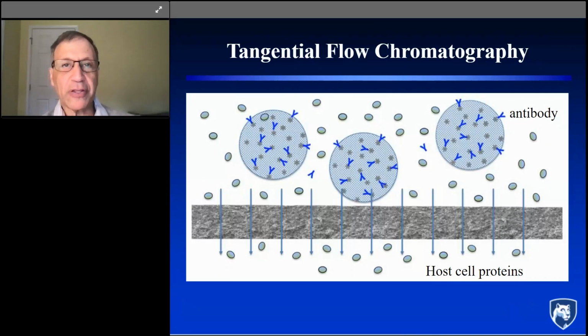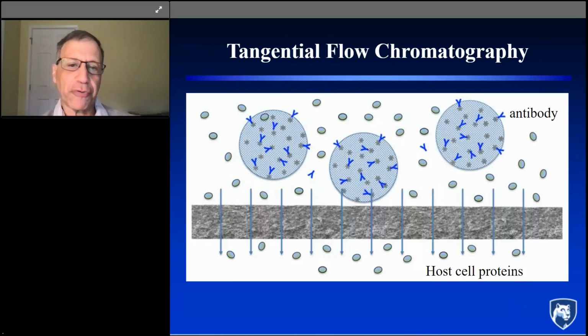In principle, we could use the exact same approach for recovering the antibody. In this case, we would switch the buffer. The antibody would come off of the chromatography resin particles.